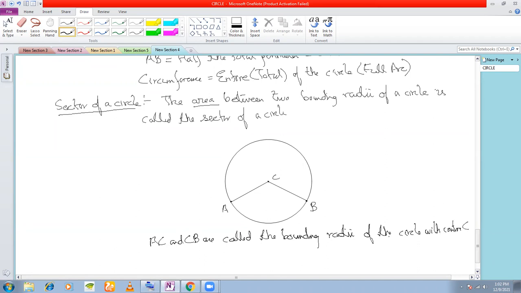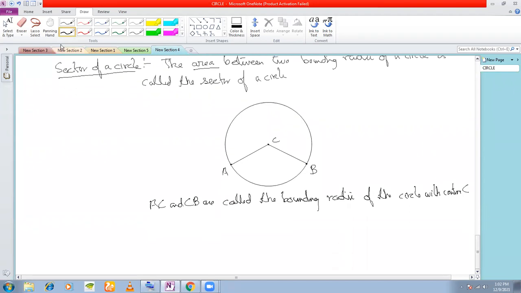Now we come to the definition of major sector and minor sector. You see, this sector contains an arc that is less than half the circle, right? This arc is less than half the circle. Then this area is called the minor sector.